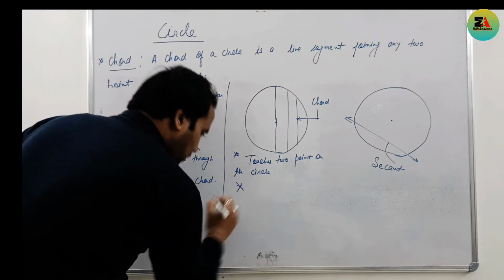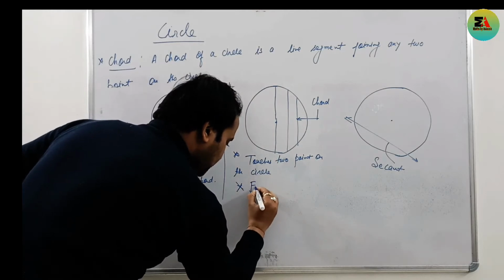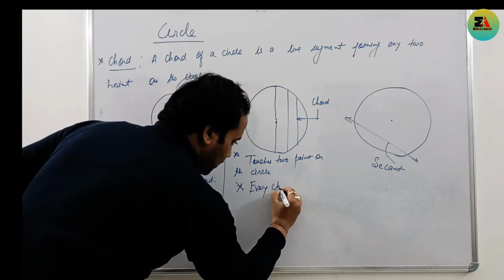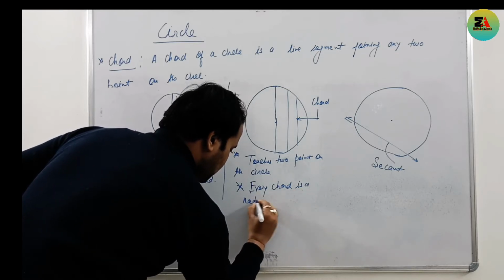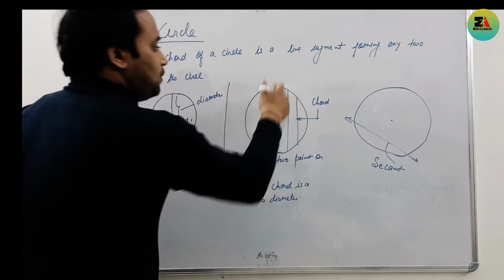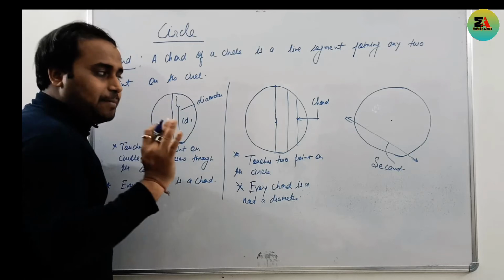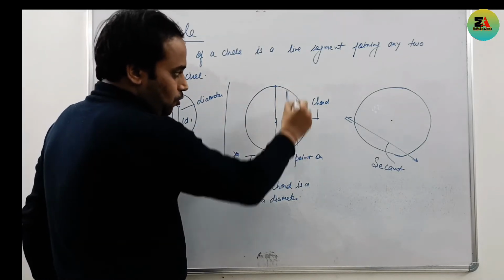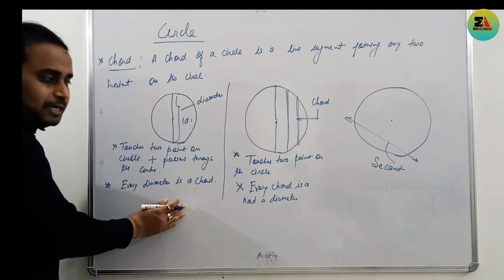And most important point, every chord is not a diameter. How? Suppose when a chord passes through the center, then it is a diameter. This is a chord, but this is not a diameter. The condition for a diameter is that it always passes through the center.